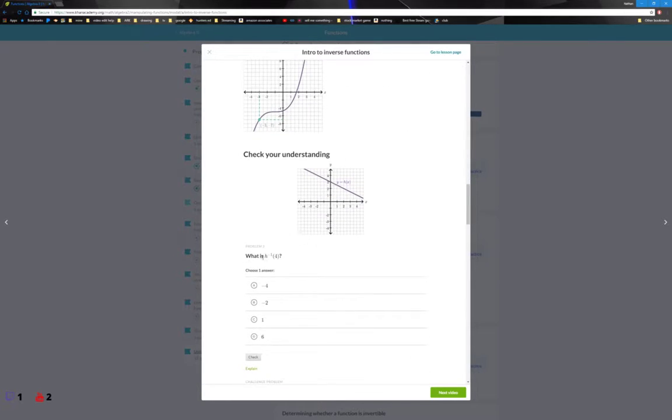So what is h inverse of 4? Well, we have to find 4 here on the y-axis. Oh no, on the x-axis. And then on the y-axis, that's 1.